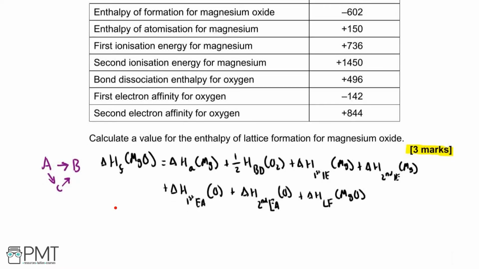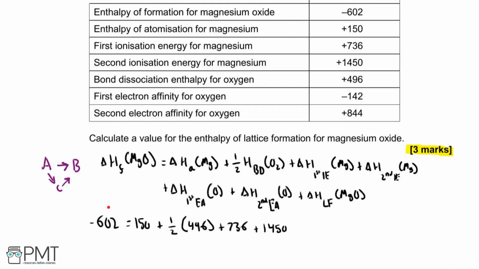The second mark we are going to get by substituting in all of the values from table 1 into this equation. So we would need to write this now as minus 602 is equal to 150 plus half of 496 plus our first ionization energy, which is 736, plus our second ionization energy, which is 1450.